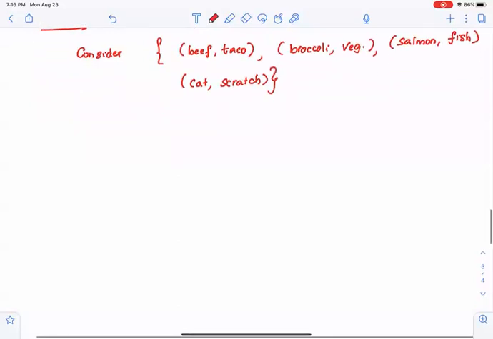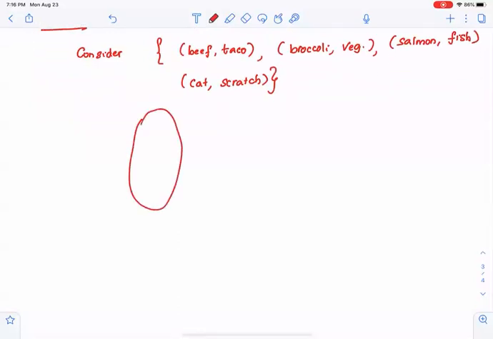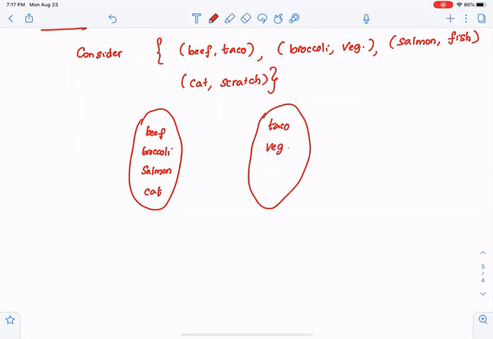So we draw this graph and say beef, broccoli, salmon, and cat. Over here, we'll have taco, veg, fish, and scratch. So beef is connected to taco, so beef is related to taco.